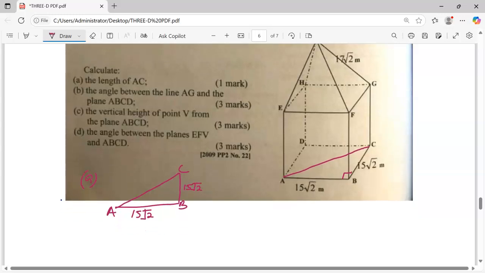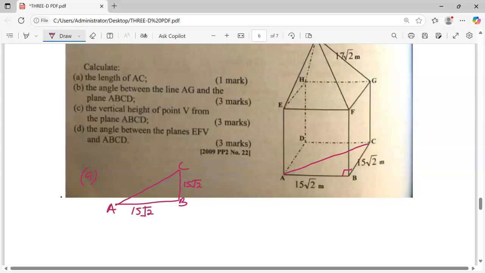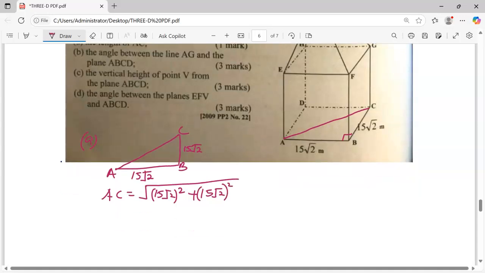And for us to find AC, which is the hypotenuse of that triangle, we use Pythagoras theorem, where AC will be equal to the square root of AB squared, which is 15 root of 2 squared, plus BC squared, which is 15 root of 2 squared. 15 root 2 squared will give us 450, plus 15 root 2 squared is 450, giving us a total of 900.